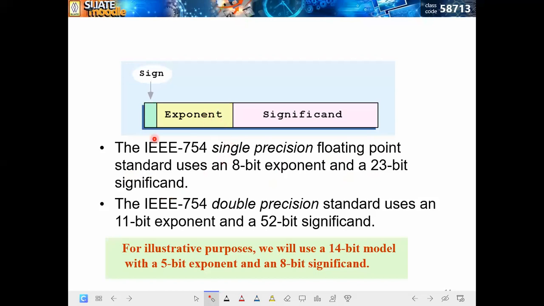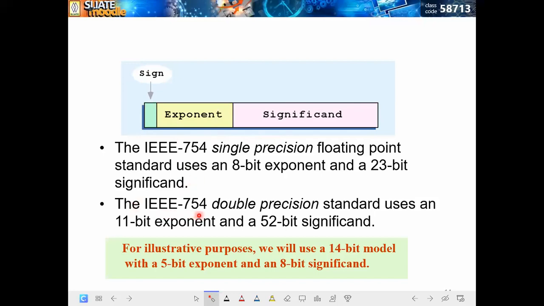In this format, IEEE 754 single precision floating point standard, we have an 8-bit exponent. Exponent part is represented through 8 bits and the significant is represented through 23 bits. The rest bit is for the sign, because altogether 32 bits are there.